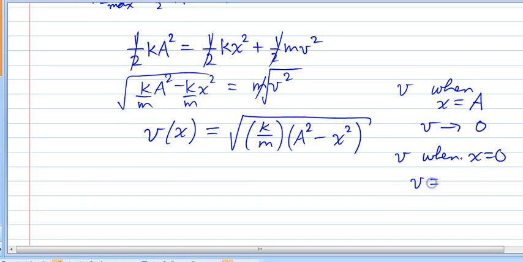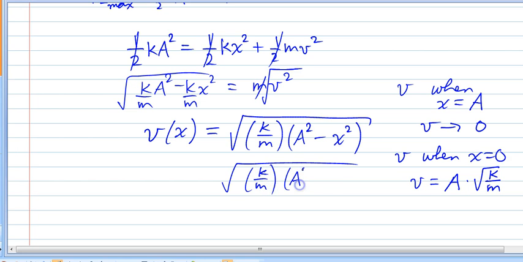Well, this is another way of showing that the speed is going to be A times the square root of k over m, because we get the square root of k over m, A squared minus 0. So that's all gone. The A comes out of the square root, and we're left with this. Okay, now I want you to remember this because we will see this a little bit later, and this is the maximum speed that you can have in simple harmonic motion.